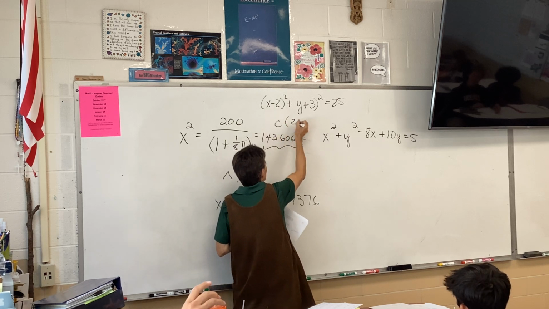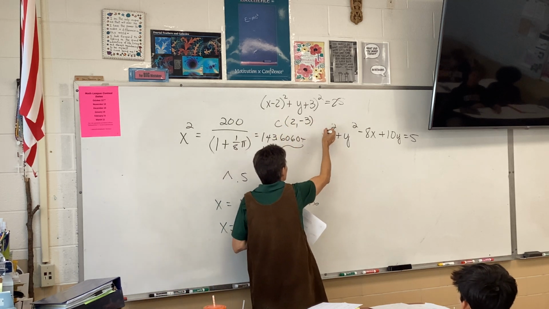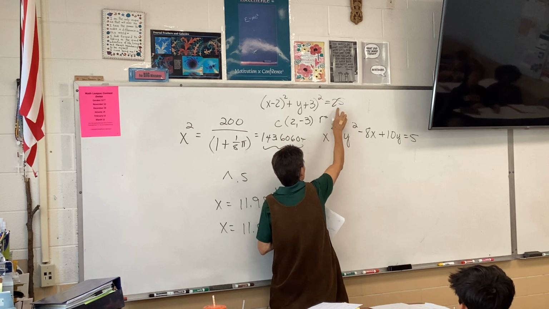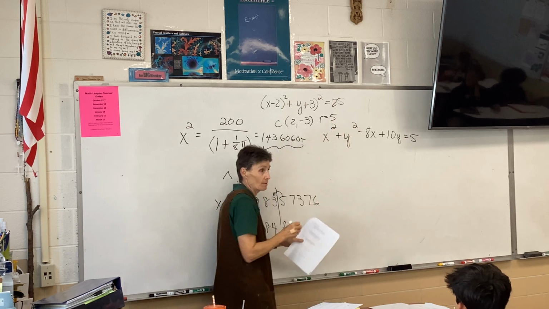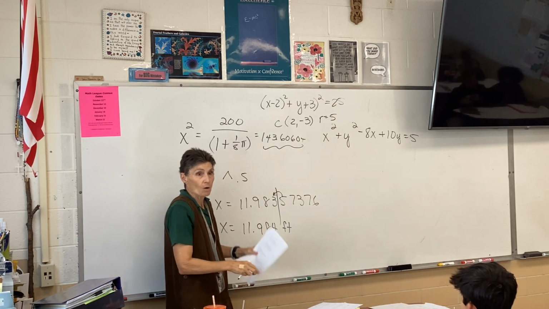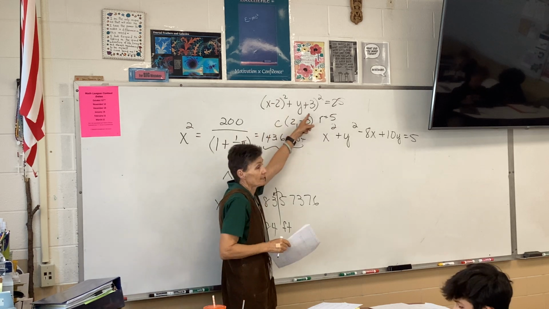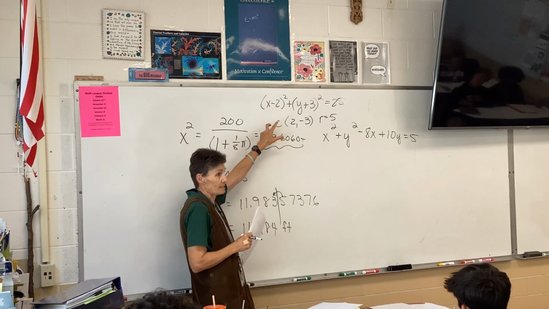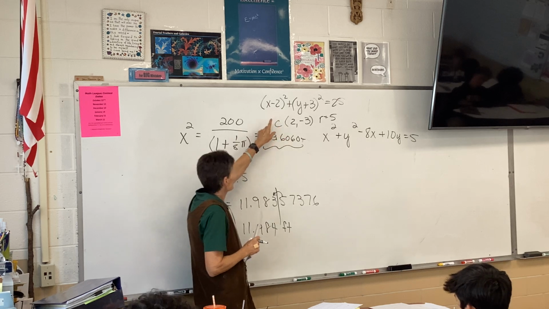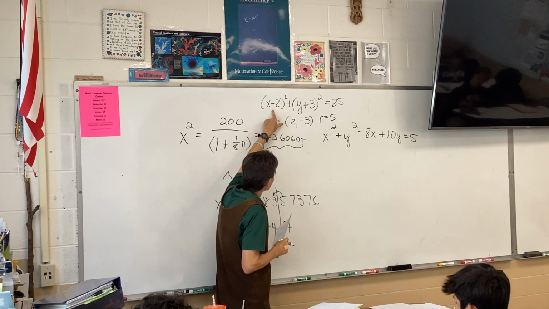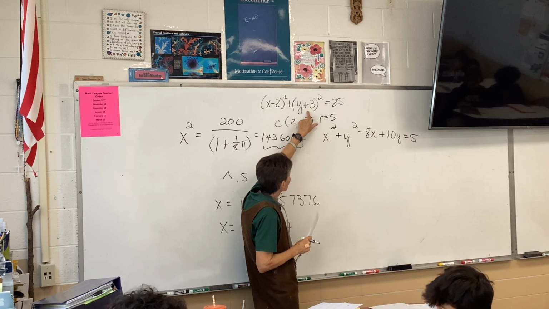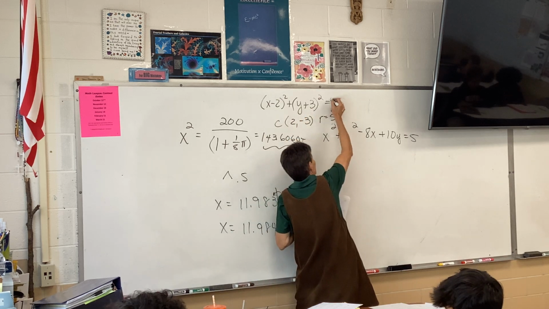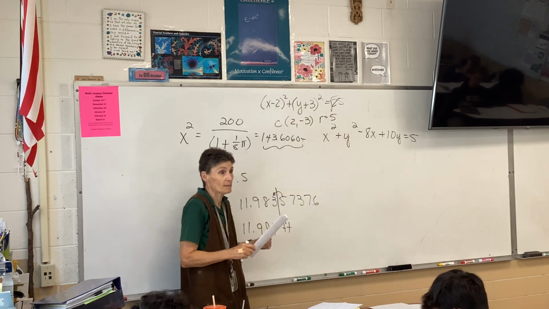2, negative 3. And the radius would be the square root of that number. So if your circle looks like this, then it's really easy to find the center. The center is positive 2, negative 3, and the radius is the square root of that number, so it would be 5.